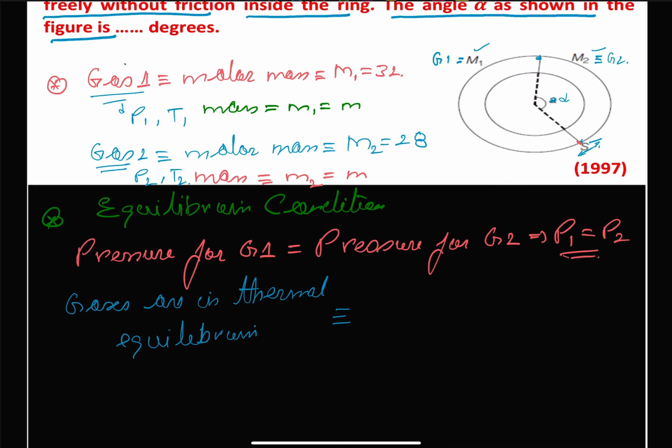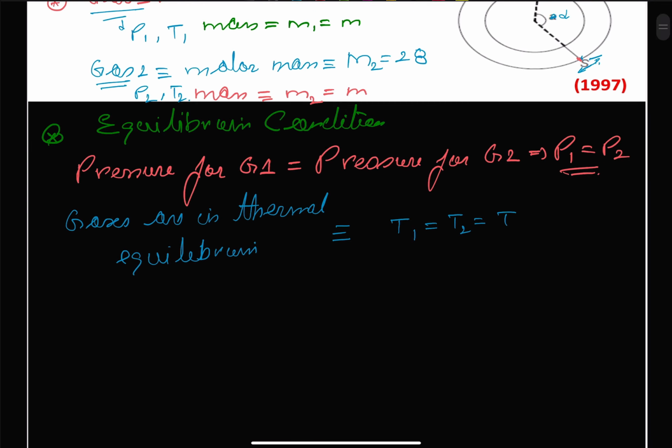Therefore, we can write that T1 is equal to T2 is equal to T. And we can also say that the ring has an area of cross section, let us suppose that is given as A.